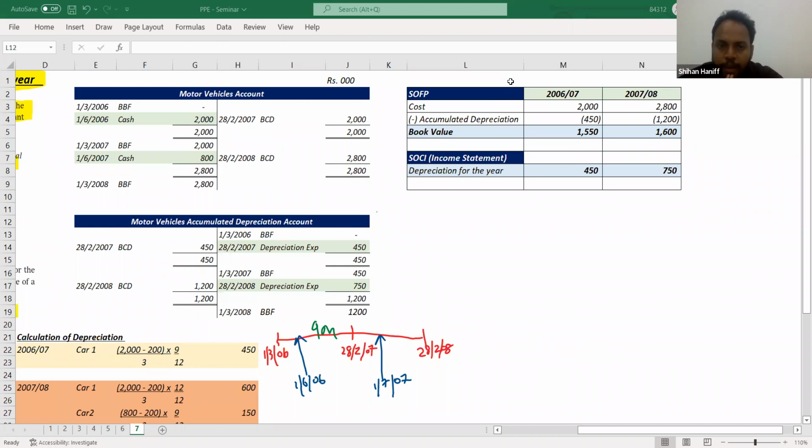There is a question: why is the accumulated depreciation opening balance a credit? Isn't it an expense? Depreciation is an expense, that is debit. Accumulated depreciation is a credit. It's a provision account. Provision for depreciation account is a credit balance.